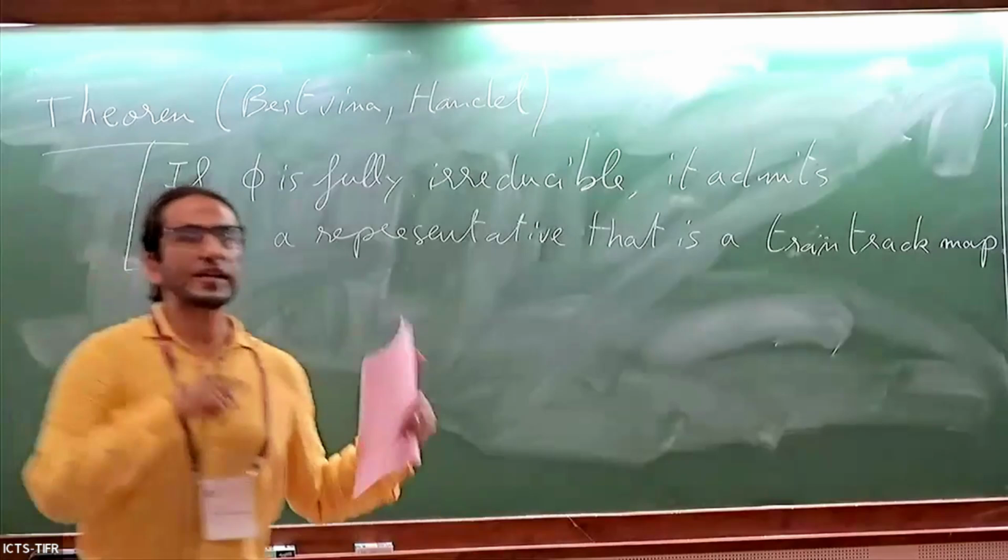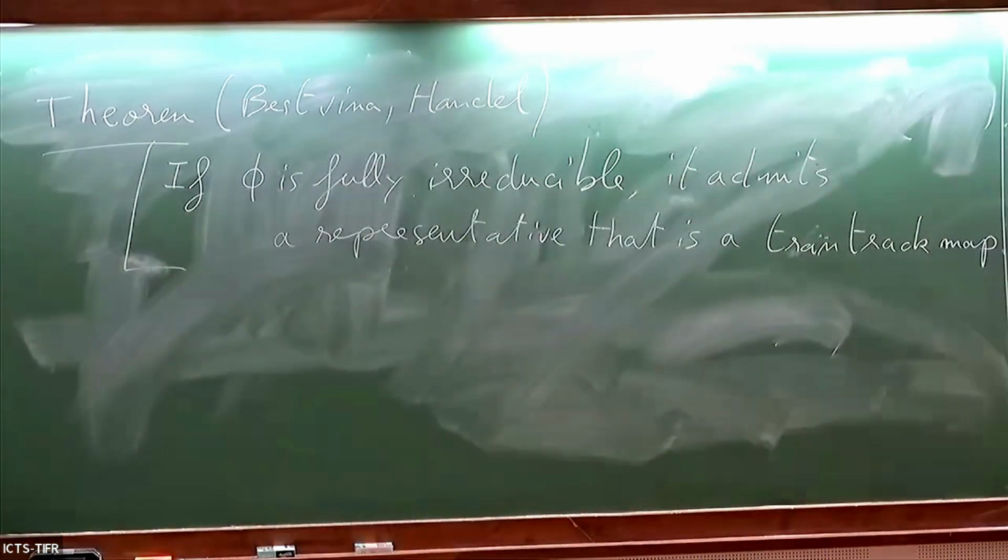This means there exists X for which F is the fundamental group of X, and there exists a topological representative on this specific graph that is a train track map. You have to perhaps modify a little bit, fold the graph to find it. Okay.